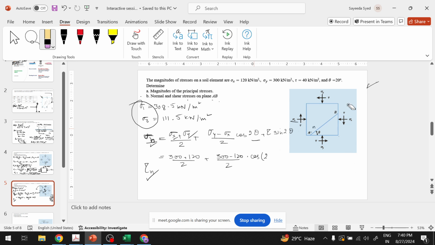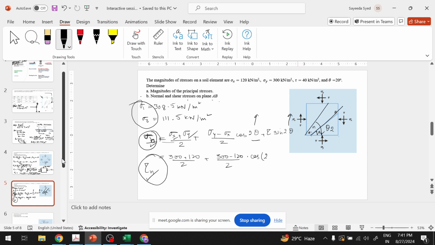If I'm not taking AB plane, let me take some other plane. Let me take this plane. It will have a different theta, theta 2. Then our sigma n and tau will be different.